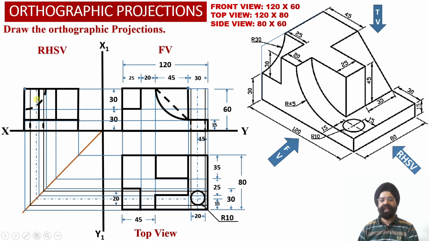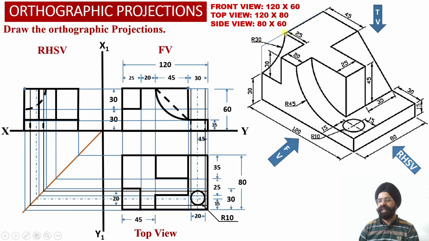With this point as the center, we take a radius equal to 30 millimeter, and a circular projection we have been able to obtain in the right hand side view projections, which represents this circular cut section, which is perpendicular to the front face or parallel to the left hand side view face of the solid.